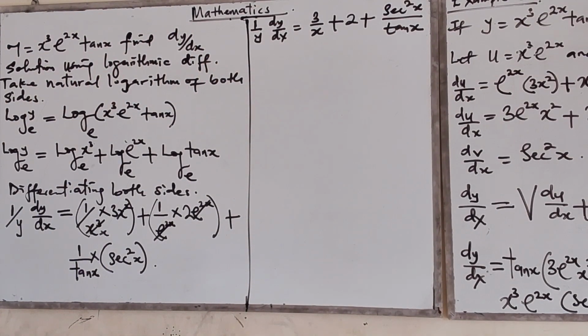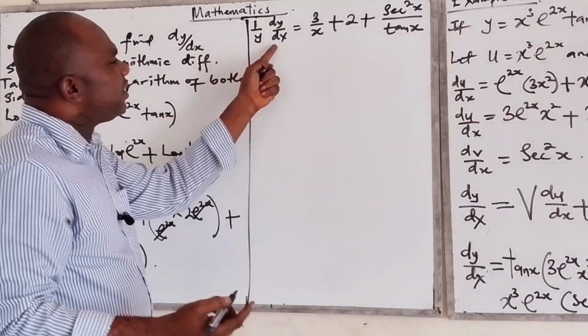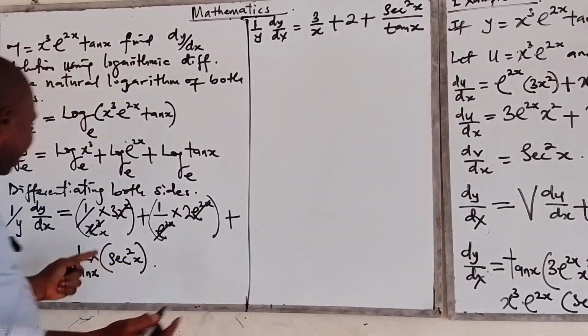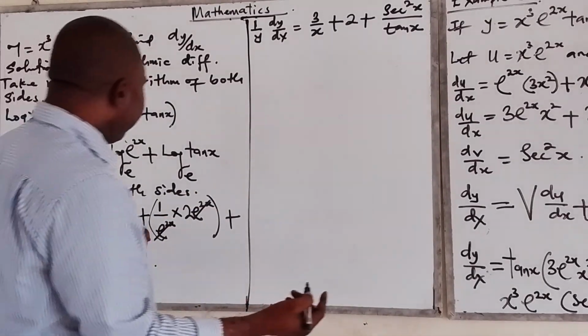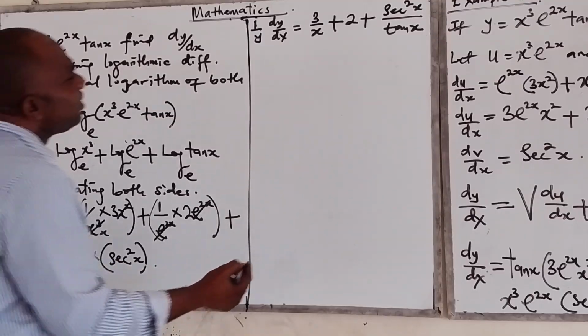So 1 all over y times dy/dx is equal to 3 all over x plus 2 plus sec squared x all over tan x.